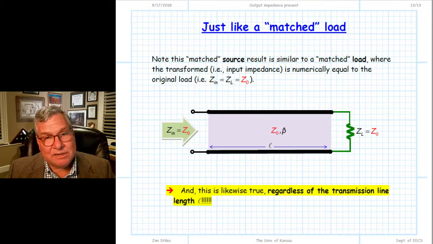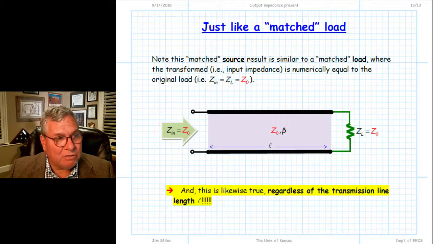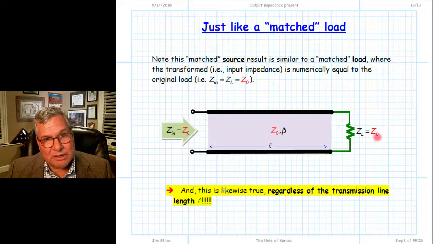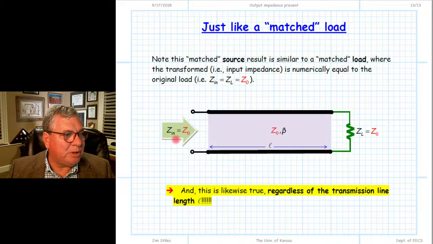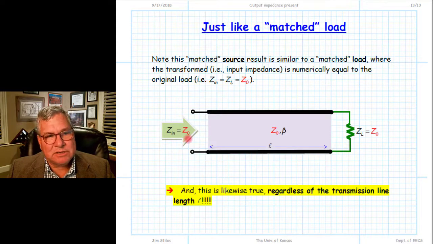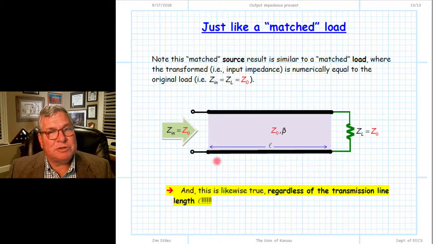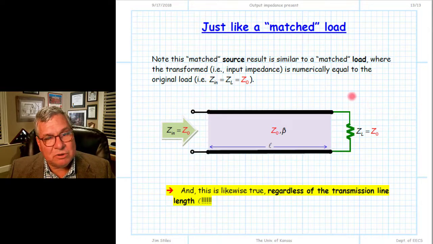This is very similar to what we had for a quote-unquote matched load. In a matched load, our lossless transmission line transforms a load numerically equal to Z0 into an input impedance which is likewise equal to Z0, regardless of the length of the transmission line. If we have a matched source, our transmission line will transform that source impedance of Z0 into a new source whose impedance is likewise equal to Z0, regardless of the length of the transmission line.